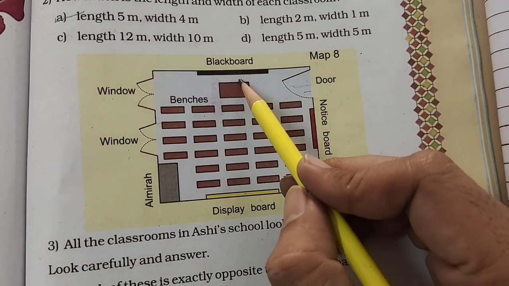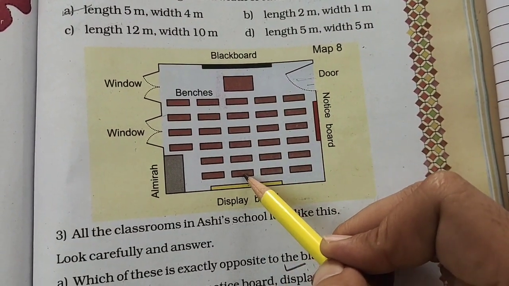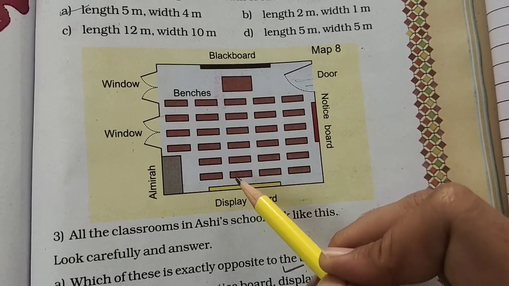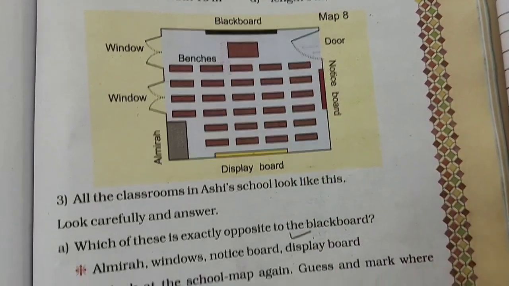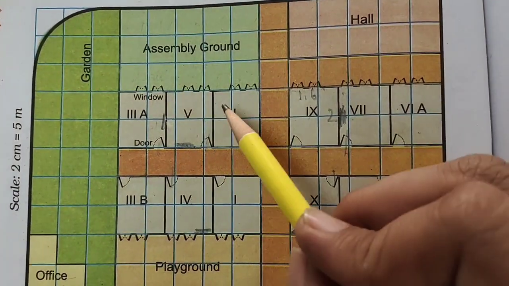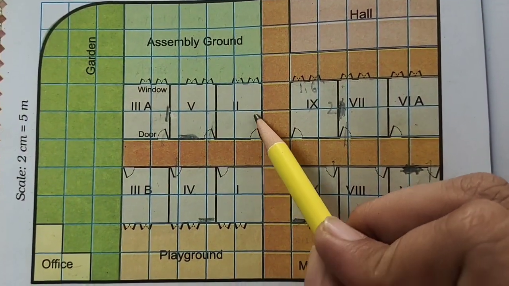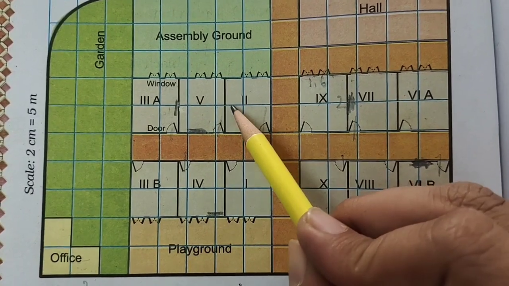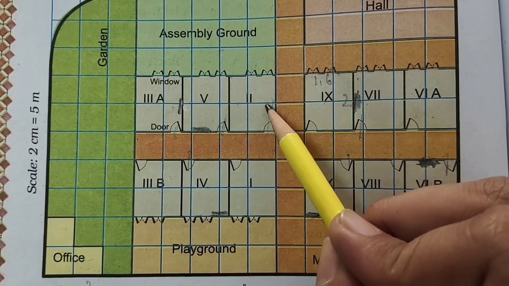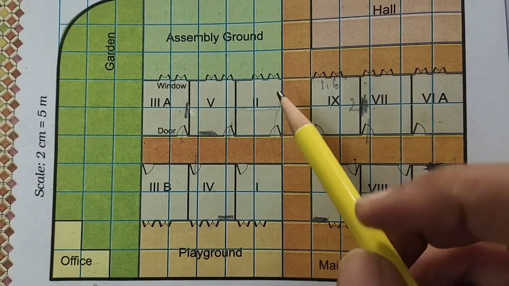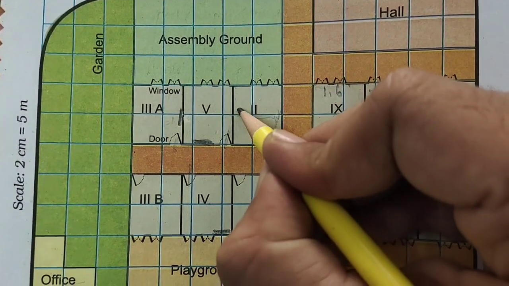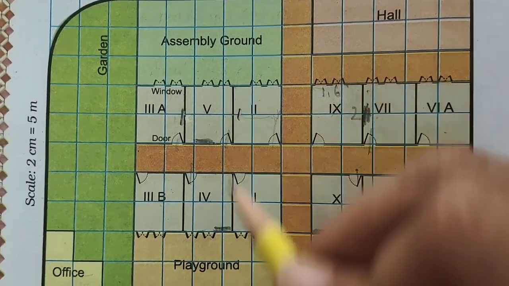Okay. Now last seat of the middle row in 2nd class. The last seat of the middle row in front of the blackboard will be exactly in front of the display board. In the 2nd class, here is the door, towards the left here will be the blackboard, so opposite, at the last, here will be the last bench.